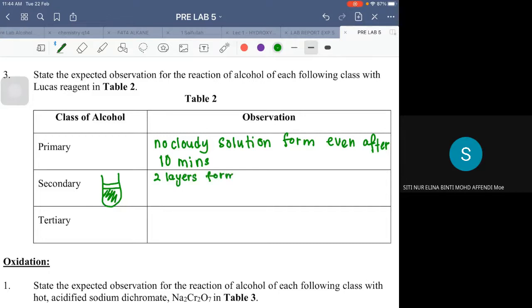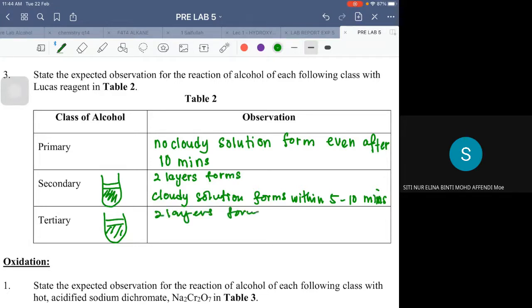Okay, beside that, cloudy solution form within 5 to 10 minutes. While tertiary pun sama observation dia. Okay, you akan nampak ada 2 layer juga. Satu jernih dekat atas, satu yang keluar tu dekat bahagian bawah. Okay.